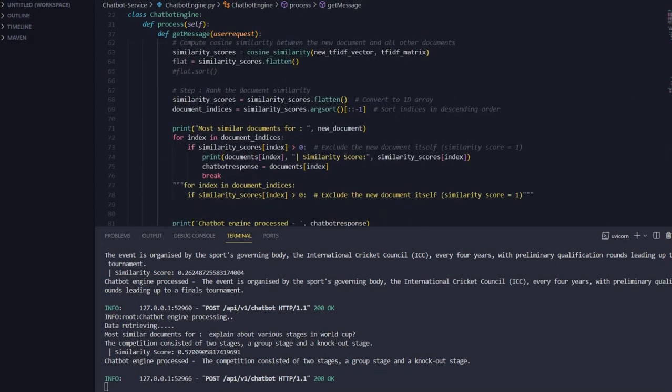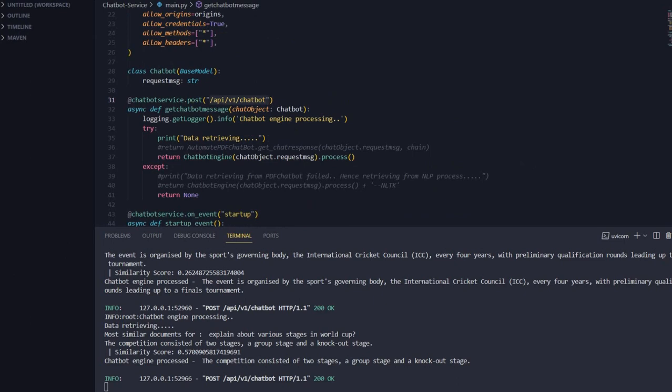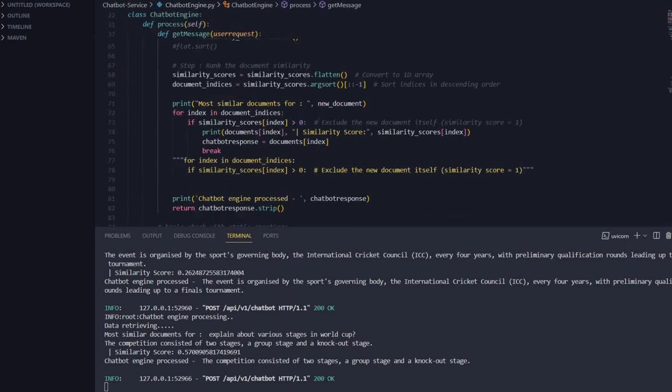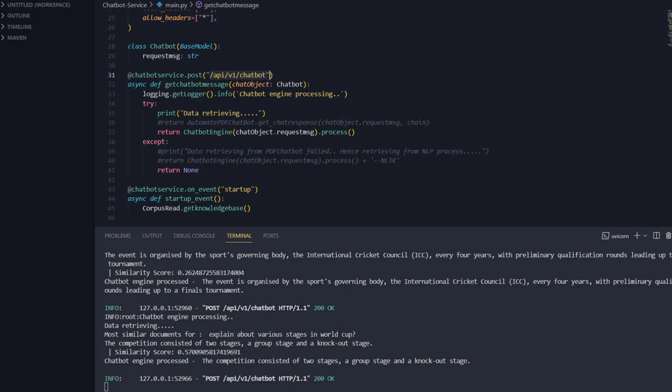And finally, based on cosine similarity ranking, we get the best match and the output is produced. This entire functionality in the chatbot core engine is exposed as an API using the FastAPI web framework, which I have explained earlier.